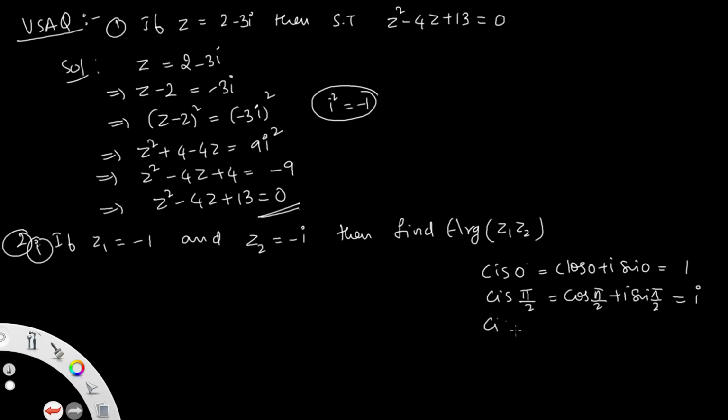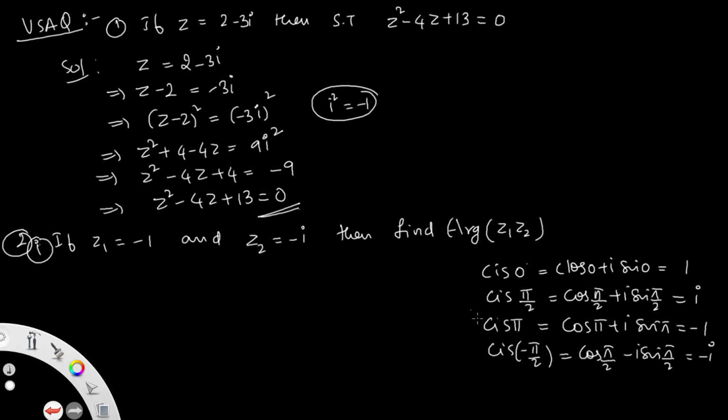Cis pi is nothing but cos pi plus i sin pi, that is nothing but minus 1. Cis of minus pi by 2 is cos pi by 2 minus i sin pi by 2, that is nothing but minus i. These four formulas, remember.